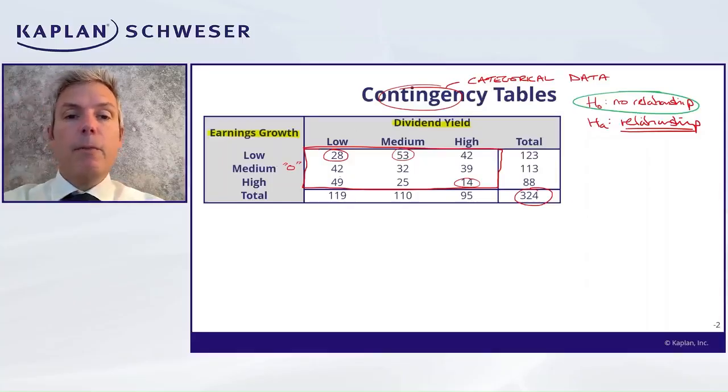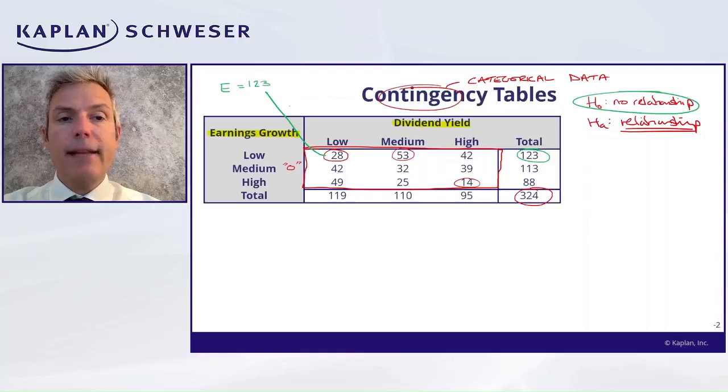Another way to interpret that is to say what we expect to see in each cell is, for the first row, take the total in the row, 123. If there's no relationship, you don't expect the number in this cell to be driven by anything other than how many low dividend companies there are as a proportion of the total number of companies we've looked at.